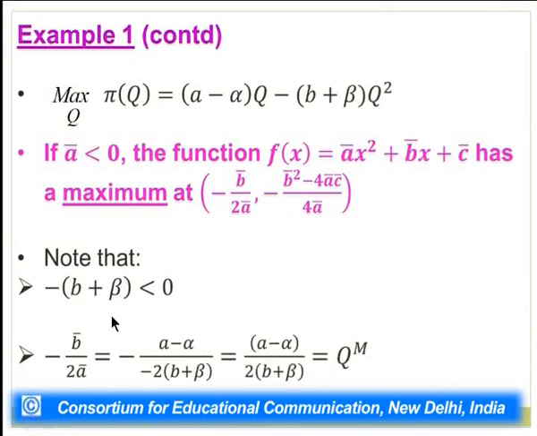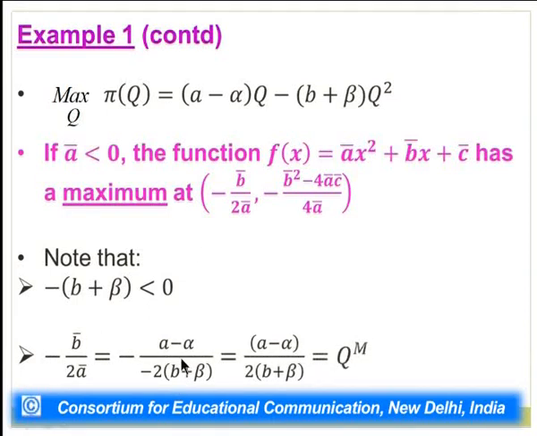So this function pi of Q will have a maximum at minus of, we'll have to take the coefficient of Q first. So this is the formula I'm using. I've just changed the notation a little bit because there was some overlap with my objective function here. The objective function here is pi of Q. So if I have the function denoted by A bar x square plus B bar x plus C bar, then if A bar is negative, the max occurs at minus B bar upon 2A bar, where B bar is in this case going to be the coefficient of Q, which is A minus alpha.